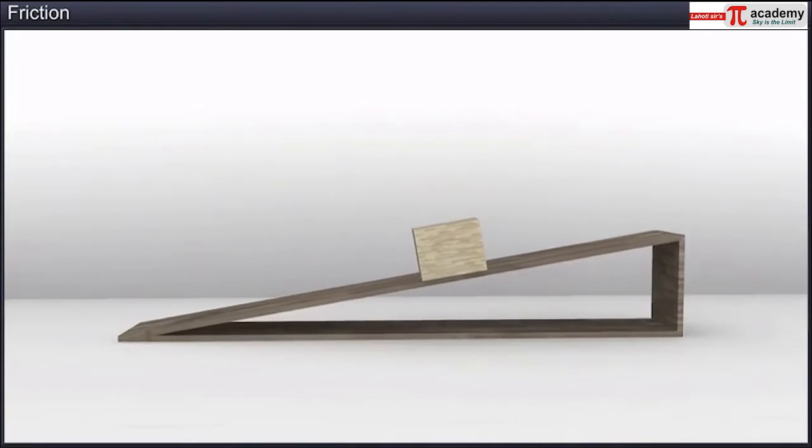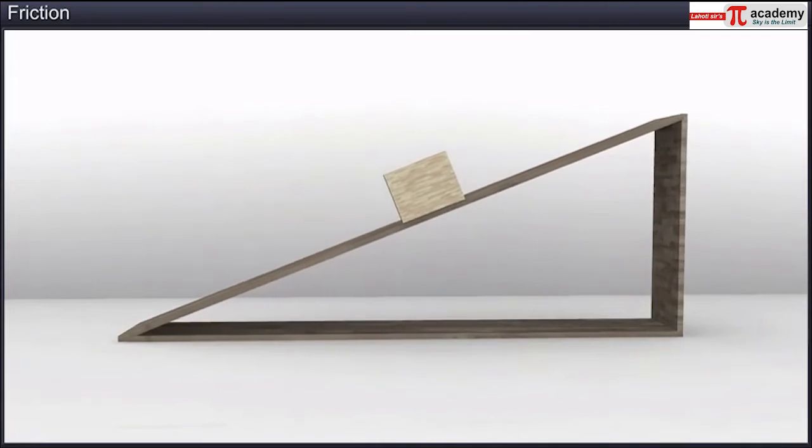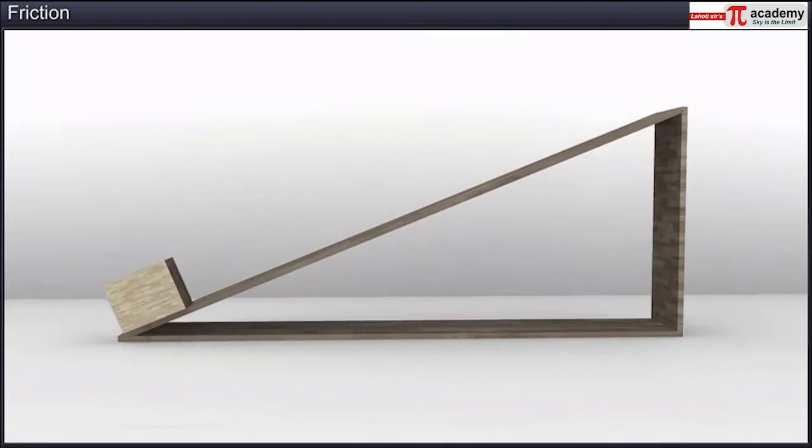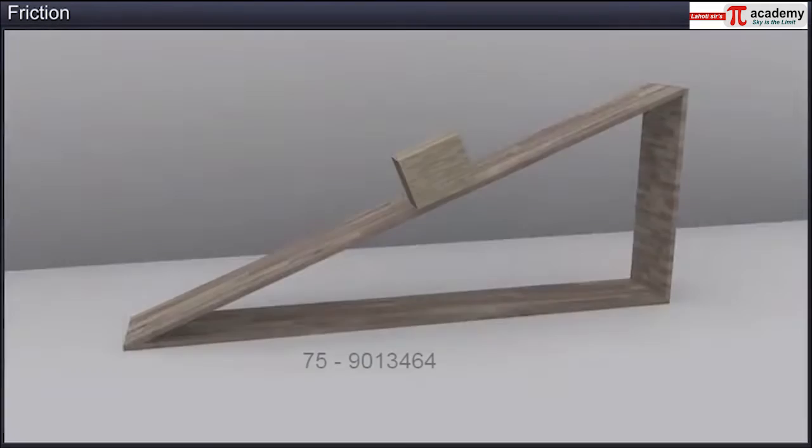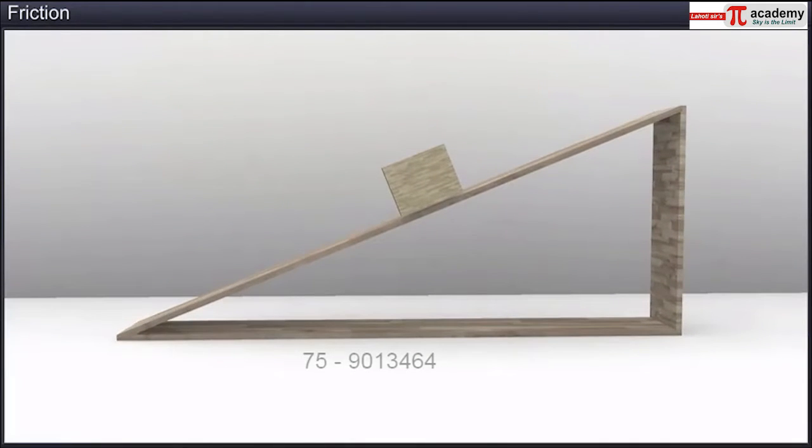If we slowly increase the inclination of the surface on which the block is placed, there comes a point where the block starts sliding. At this point, the weight of the block, which is equal to mg, acts vertically downwards.